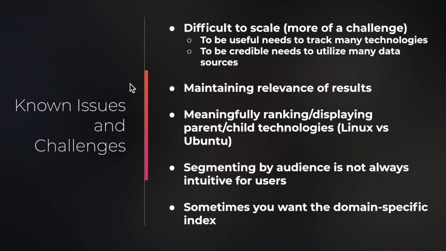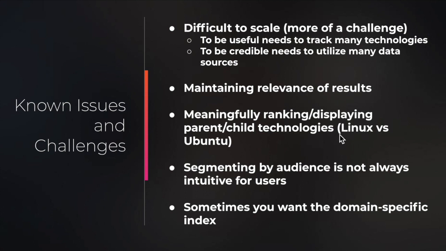And then it can also be tricky, as you'll note, I didn't show you this specifically, but meaningfully ranking parent-child technologies is not something we do well right now. For instance, we have Linux and Ubuntu ranked side by side. So Linux is above Ubuntu and CentOS and Red Hat.